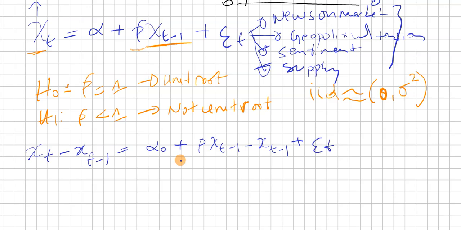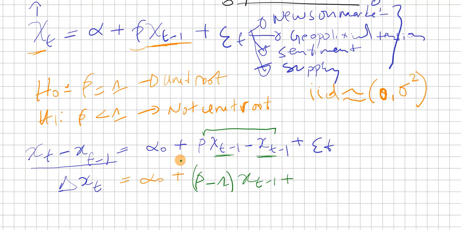In layman's terms, this is the change in X_t. Here there is a common factor, X_{t-1}, yesterday's price, plus our shocks, which are independent and identically distributed with a mean and a stable sigma.